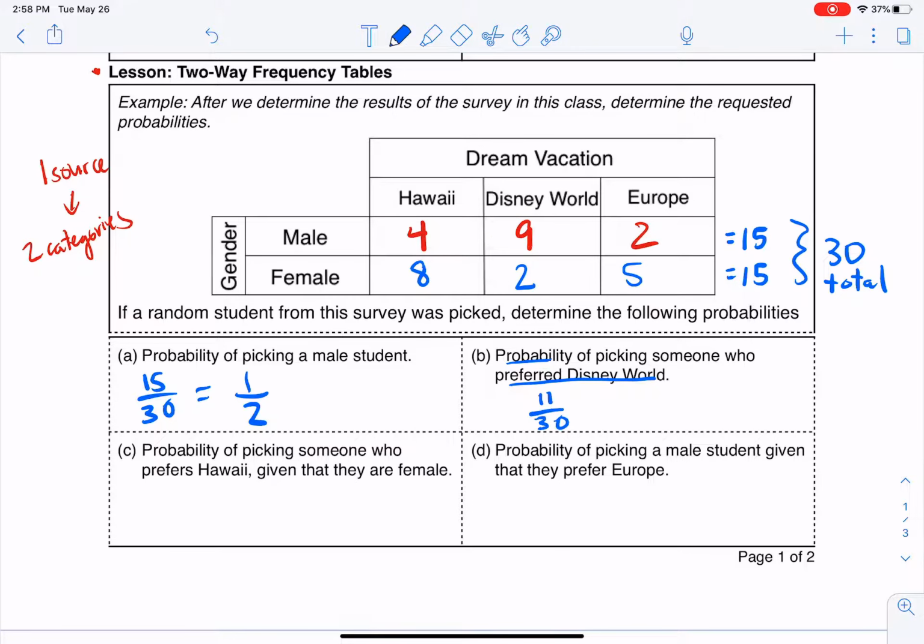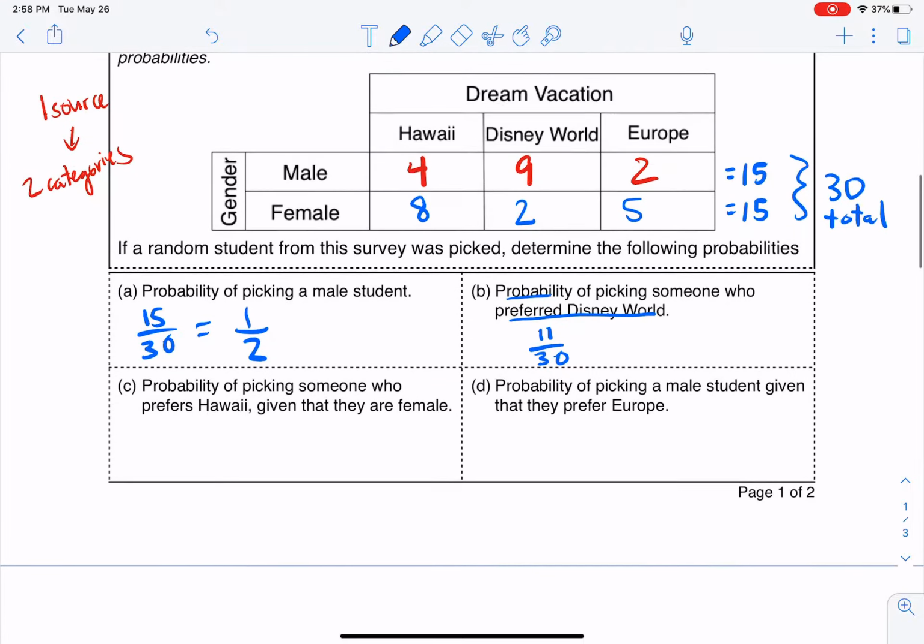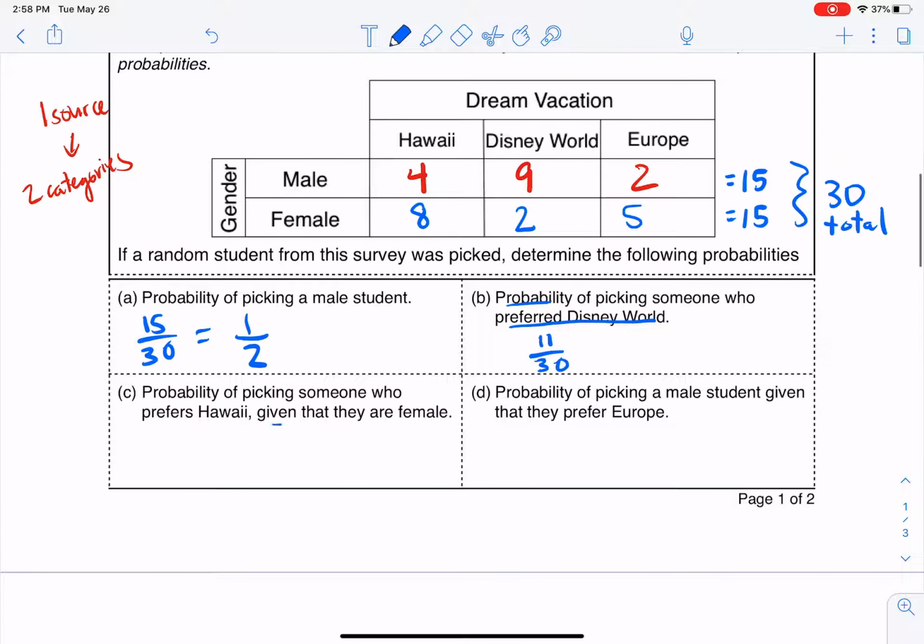All right, for the next one, what's the probability of picking someone who prefers Hawaii given that they are female? This statement is really important here. First of all, we're interested in that that person is female. So we're only interested in the category of students that are female.